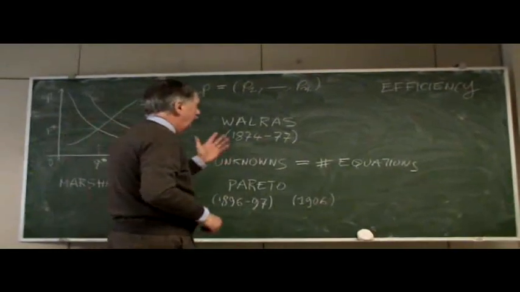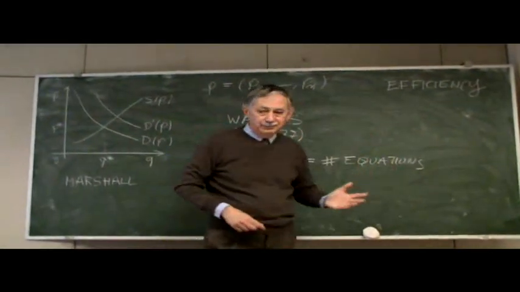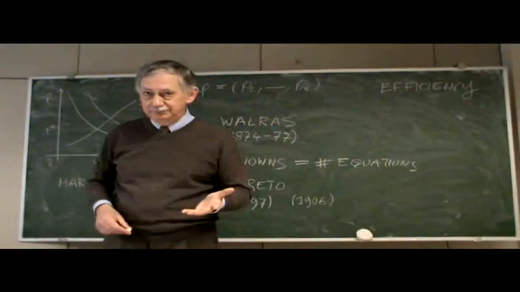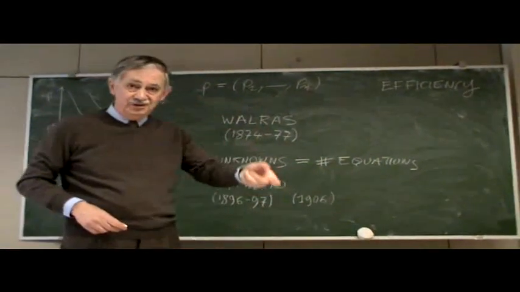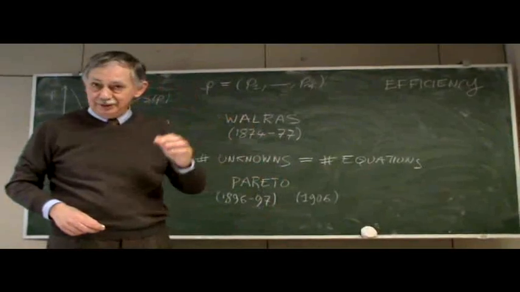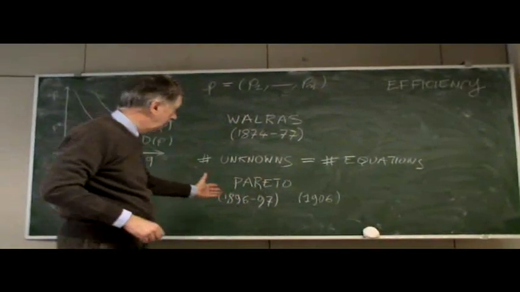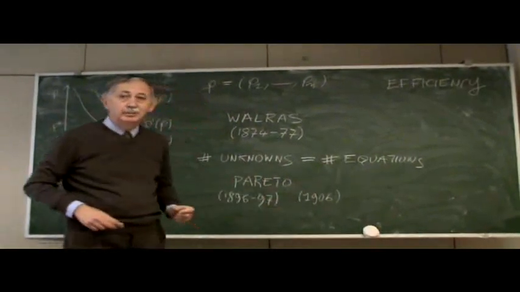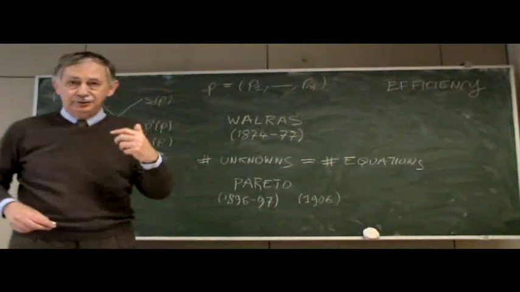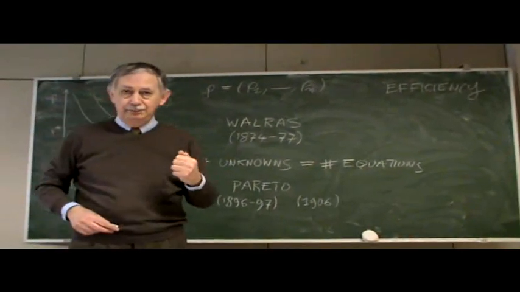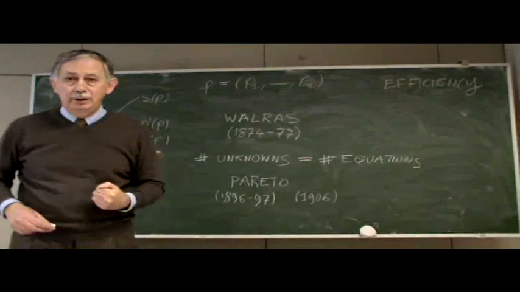The proof that general economic equilibrium is a Pareto optimum, both for consumption and for production, was given exactly by Vilfredo Pareto. This is the main contribution by Pareto to general equilibrium theory.